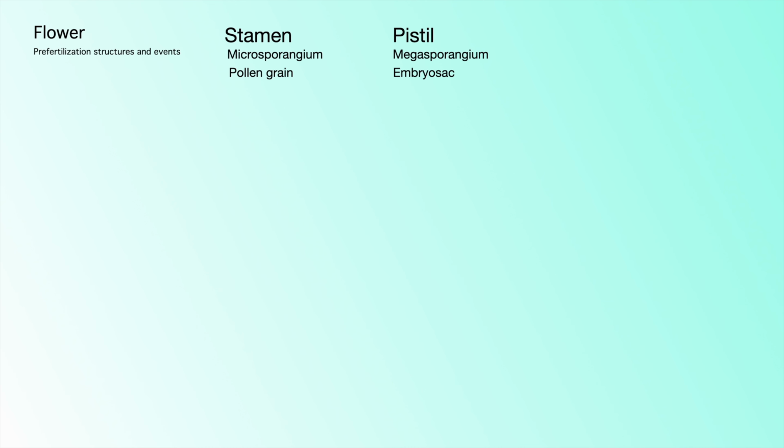Here, during the formation of embryo sac, changes related to two structures take place, one with the nucleus and other with the cytoplasm. These changes do not occur simultaneously. First nuclear changes occur, then cytoplasmic changes occur.